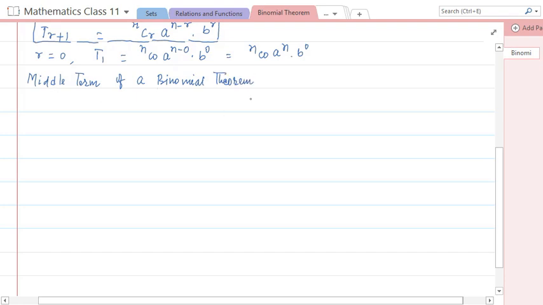The middle term of a binomial theorem depends upon the value of n. So when n is an even number.